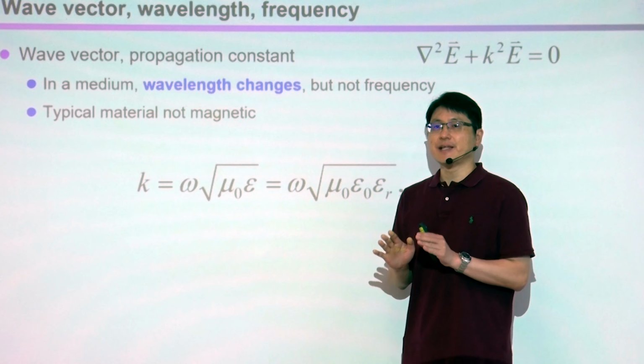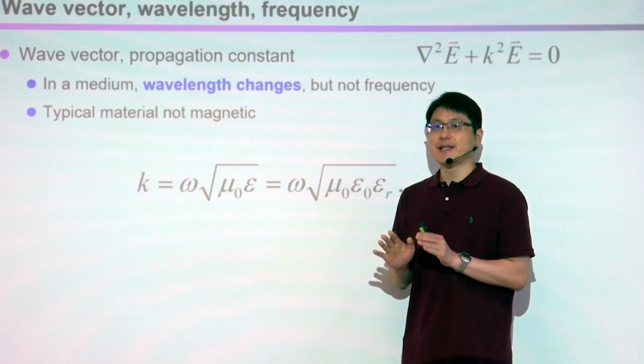Do you need to go over the entire derivation again? Probably not, because once you allow J, only one equation is modified. Which one? The modified Ampere's circuit law, right? So now, if you have J, you just add it back.